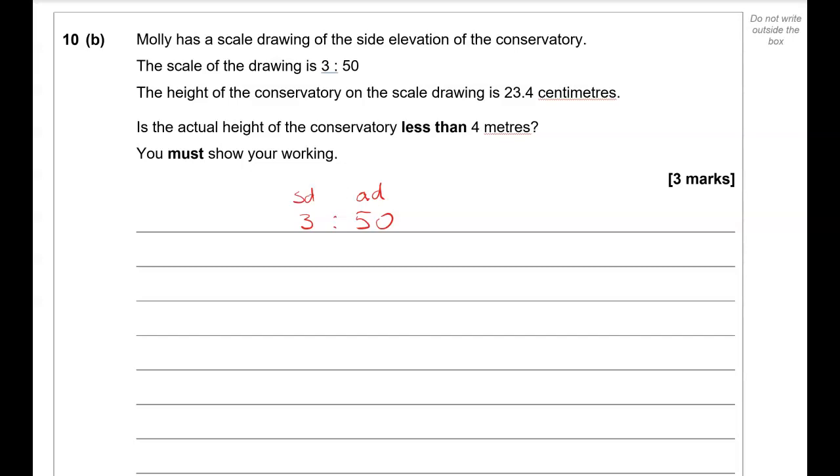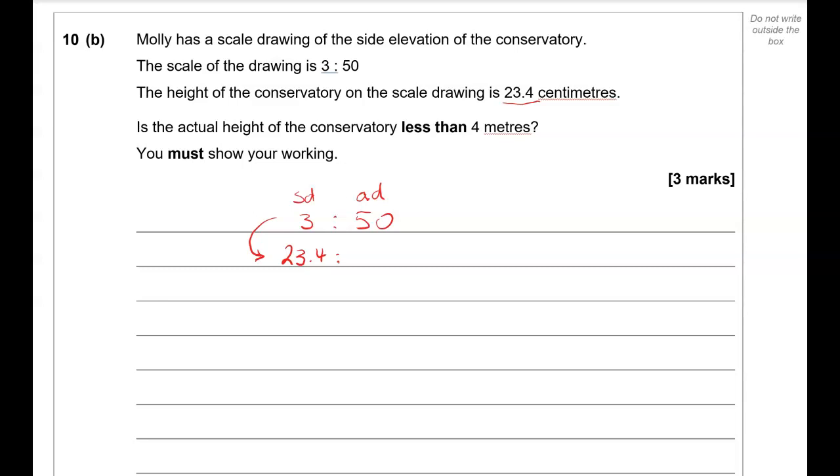So the height of the conservatory on the scale drawing is 23.4 centimeters. So what is it going to be in reality? So to get from 3 to 23.4, what have we done to 3? What have we multiplied it by?